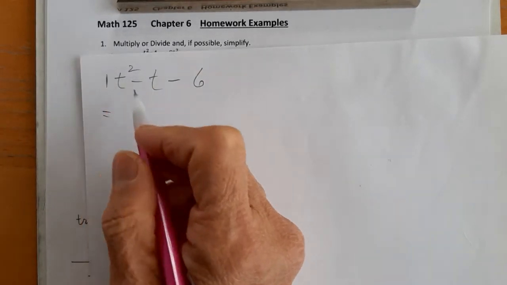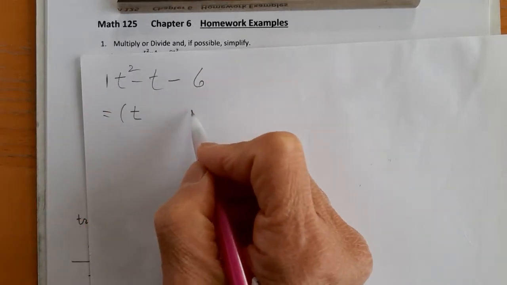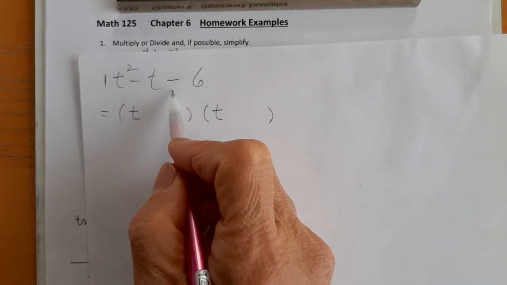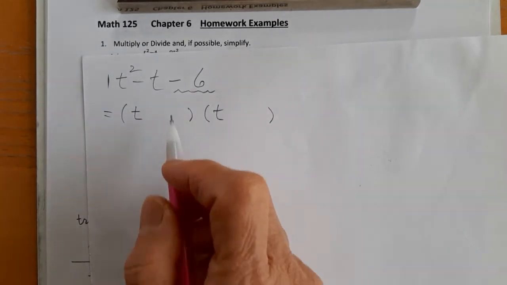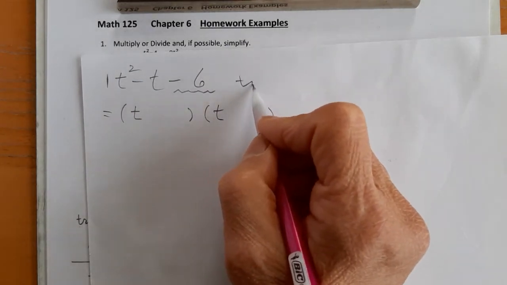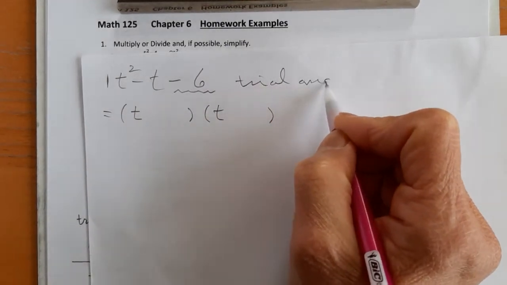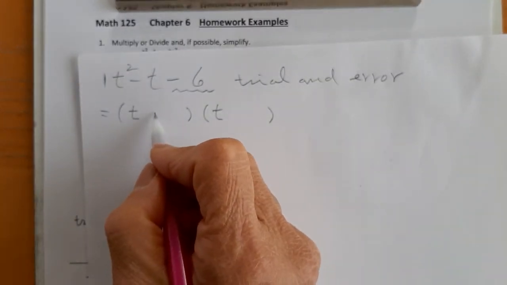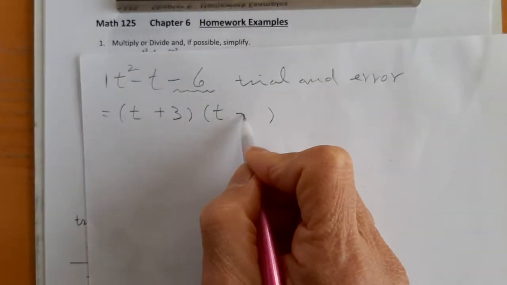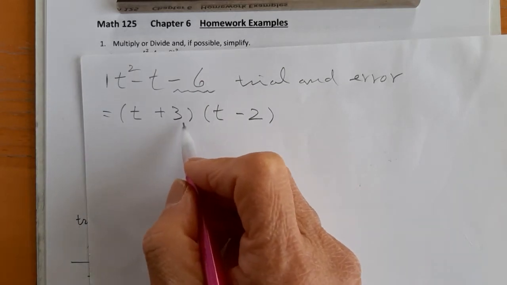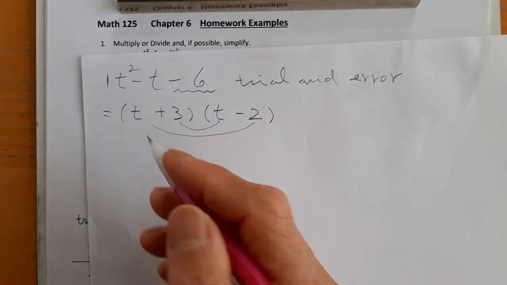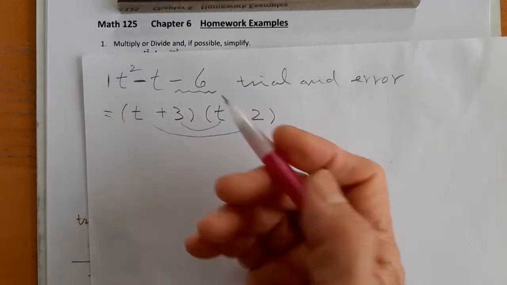You can put it this way, (t )(t ). And then you factor negative 6. You use the trial and error method. So try it. For example, if you try positive 3, negative 2, then you check it. 3t and negative 2t added together is a positive 1t, but we want negative t.